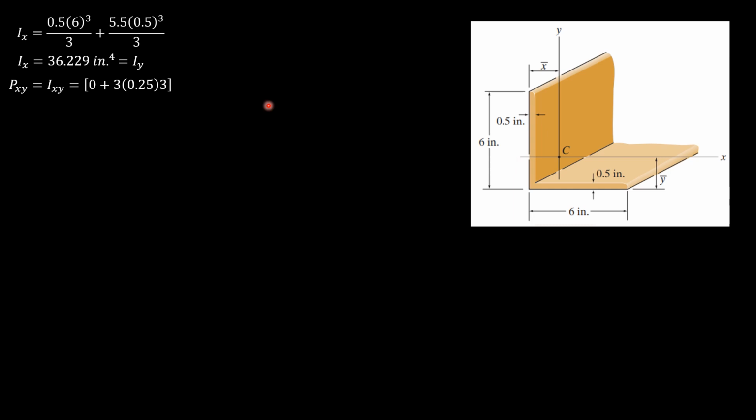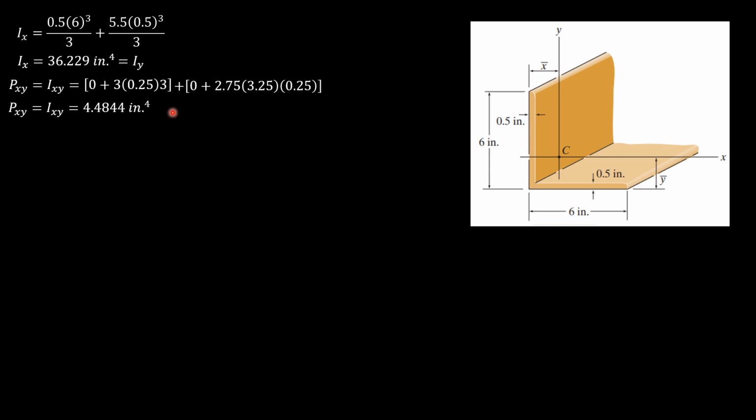Then for the horizontal rectangle with respect to the centroid 0, then plus area 2.75, x bar 3.25, y bar 0.25 as calculated and computed in the preceding slide. So plus 0 plus 2.75, 3.25 times 0.25. So product of inertia with respect to the xy axis is 4.4844 inches to the fourth.